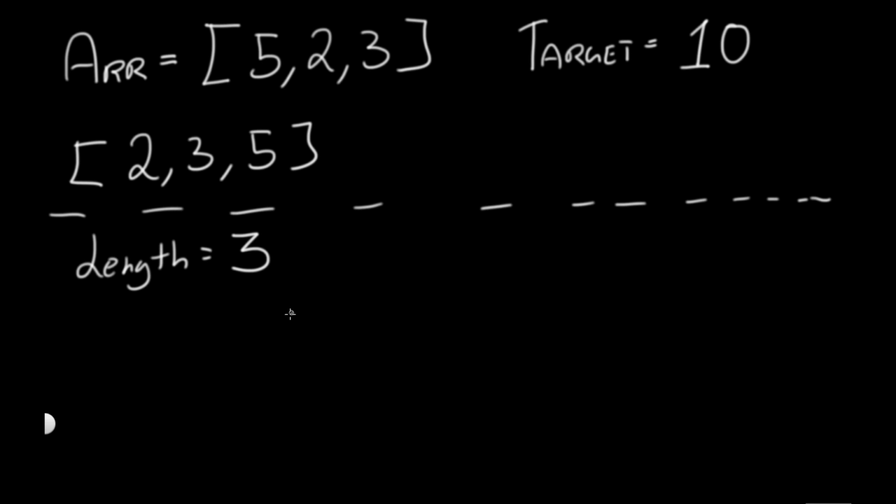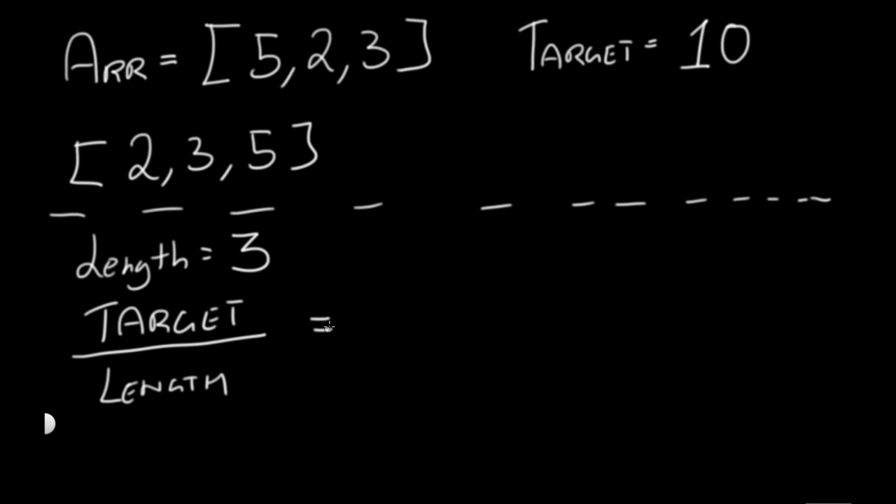Now we need to come up with a number which, when repeated, gives us a value closest to 10. How can we come up with that number? It's nothing else but taking the target and dividing it by the length of our array. In this case, our length is 3 and our target is 10. So we're going to do 10 divided by 3 and round it.